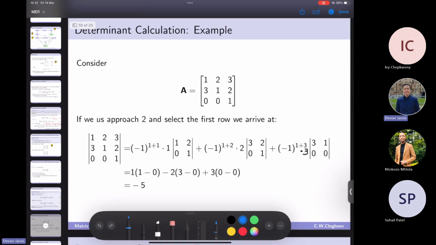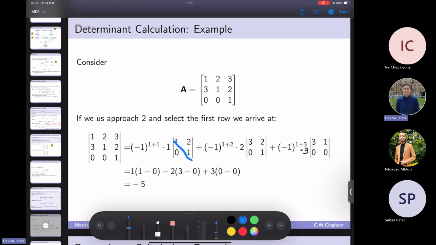Okay. So now we come through and we say diagonal minus the off diagonal, so that's just 1 minus 0 there. The diagonal here minus the off diagonal, that's just 3 minus 0. And then here we get 3 times 0 minus 1 times 0, so that's 0. Keeping track of the signs also out front. In this case, because this is 1, 1, so that's minus 1 raised to the power of 2.